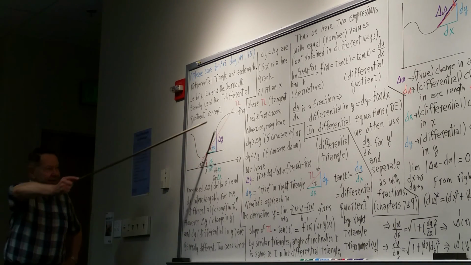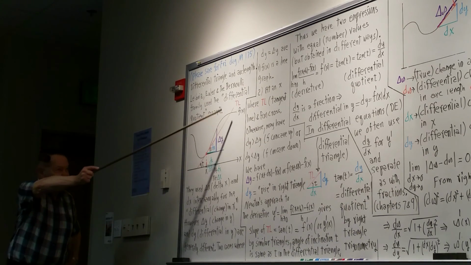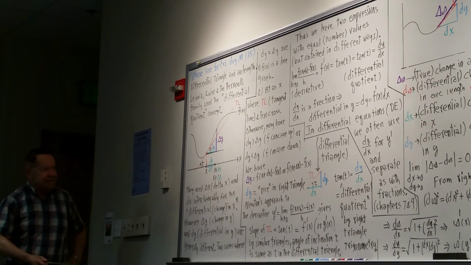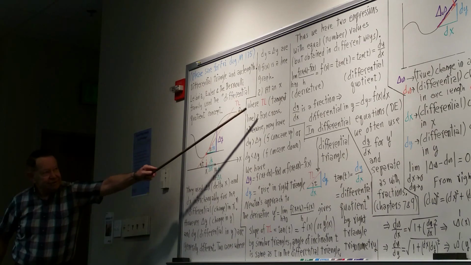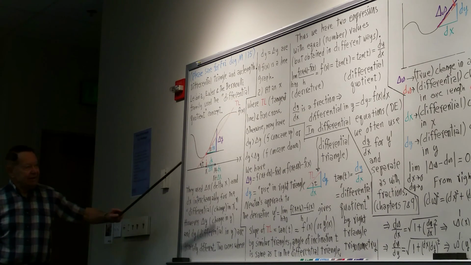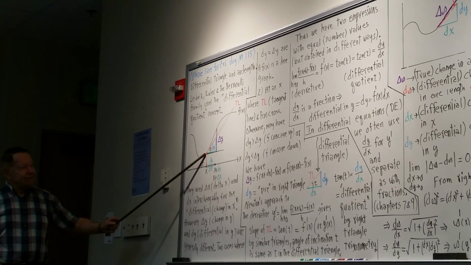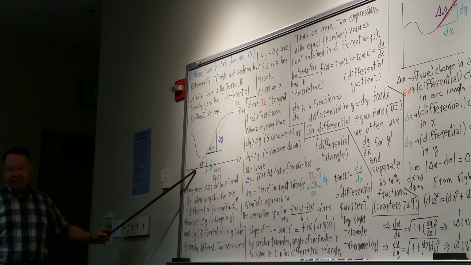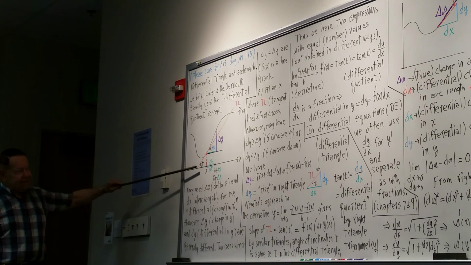Say you have a curve and a tangent line. TL is tangent line. I actually defined it over there. It touches the curve somewhere and comes on down to the x-axis. So the t here is your angle of inclination of this tangent line.